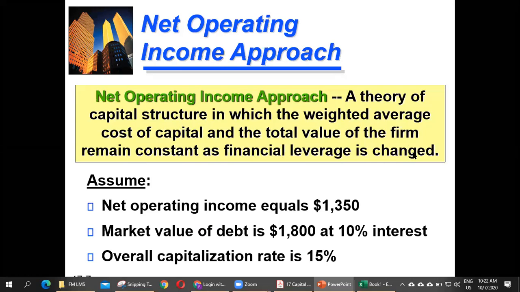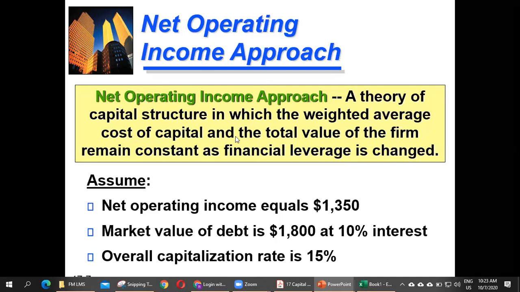So this theory argues that when we change our capital structure, does it impact the value of the firm or not? In simple form, whether capital structure impacts the value of the firm or not. Earlier we discussed the net income approach. Second, we talked about the traditional approach. The third one is the net operating income approach. There are three. This is the third theory.